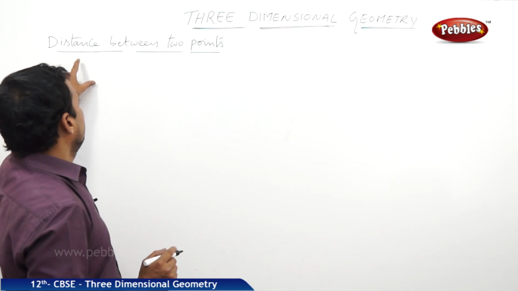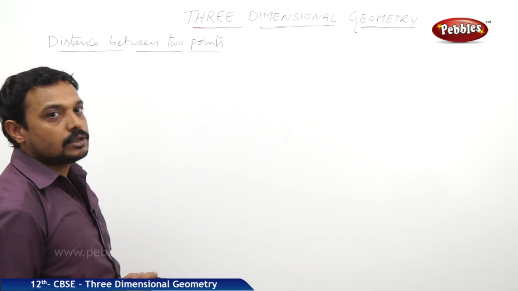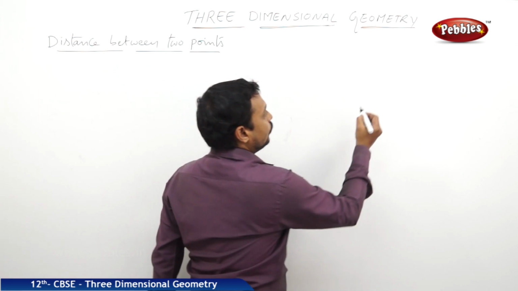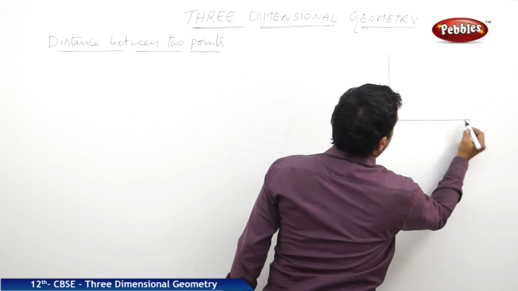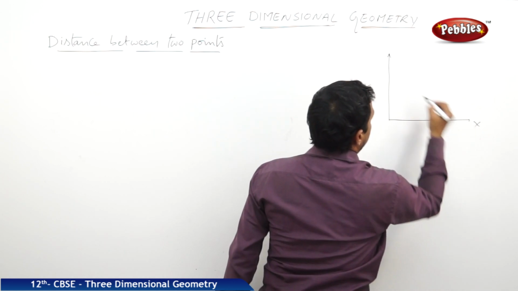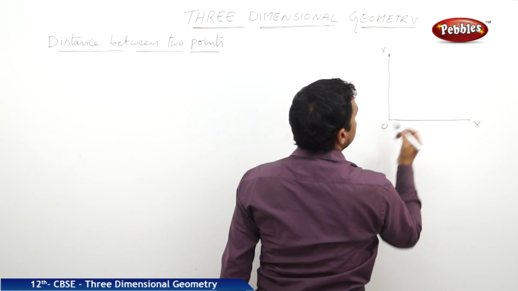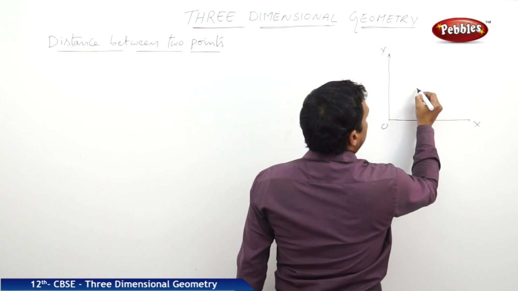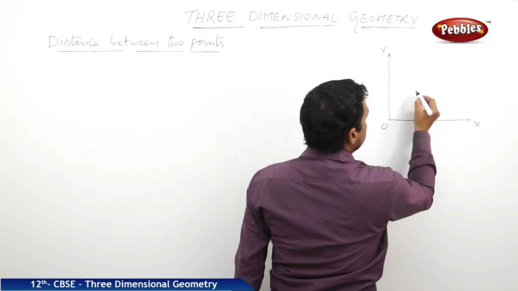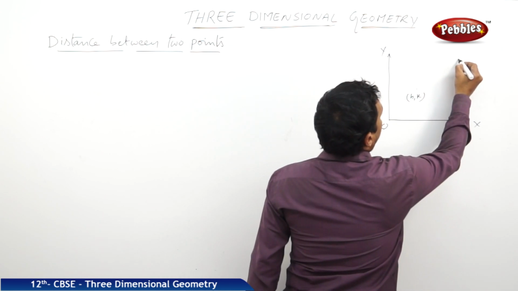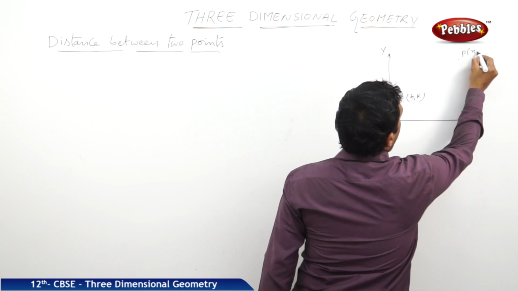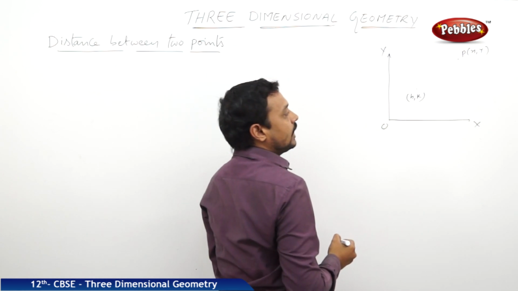Now, let us define the distance between two points. Before that, in two-dimensional geometry, it is x-axis, this is y-axis and origin. Suppose origin is shifted to some point h comma k, and here P is a point whose coordinates are originally x comma y.